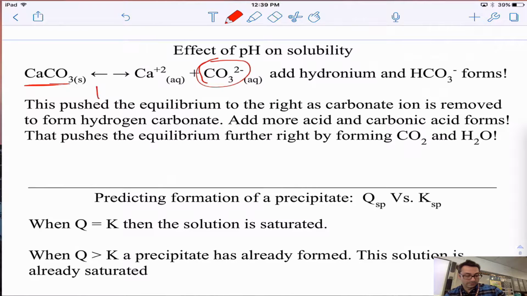So when I lower the pH, it will react with this carbonate ion. The H3O plus that I add will react with the CO3 2-. As a result of that, you'll form H2CO3 and HCO3-, and both of these are more soluble, and because of that you actually can increase the solubility.